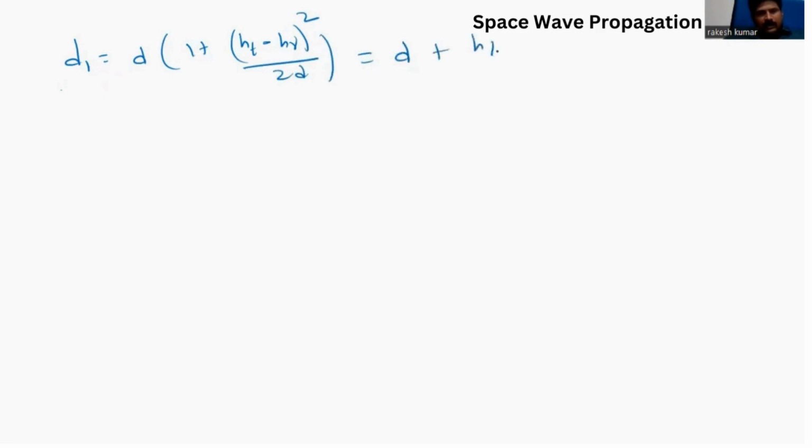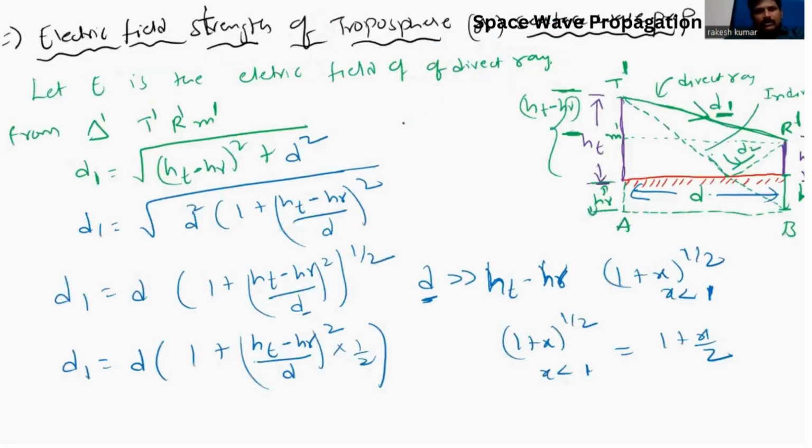So finally, what is the value of D1? D1 is equal to, if I multiply with this one, D plus (HT minus HR) whole square by 2D.